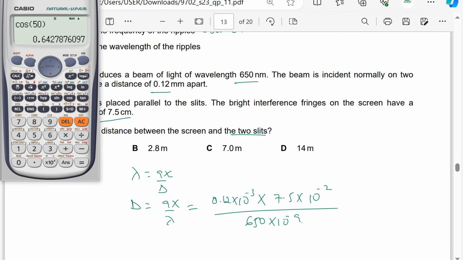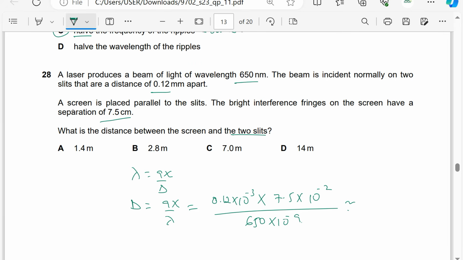So I'll press my calculator. 0.12 exponent minus 3 times 7.5 exponent minus 2 divided by 650 exponent minus 9. So this is giving me 13.8, which is approximately 14. So the answer is D.